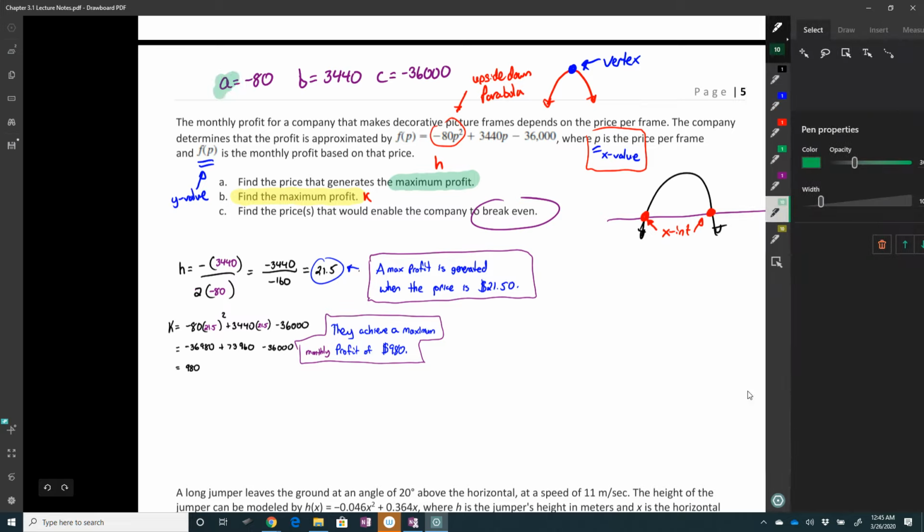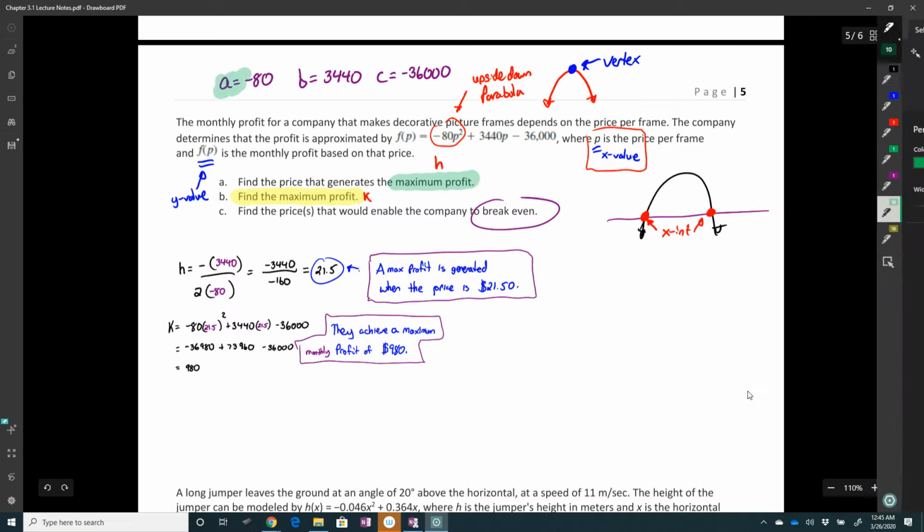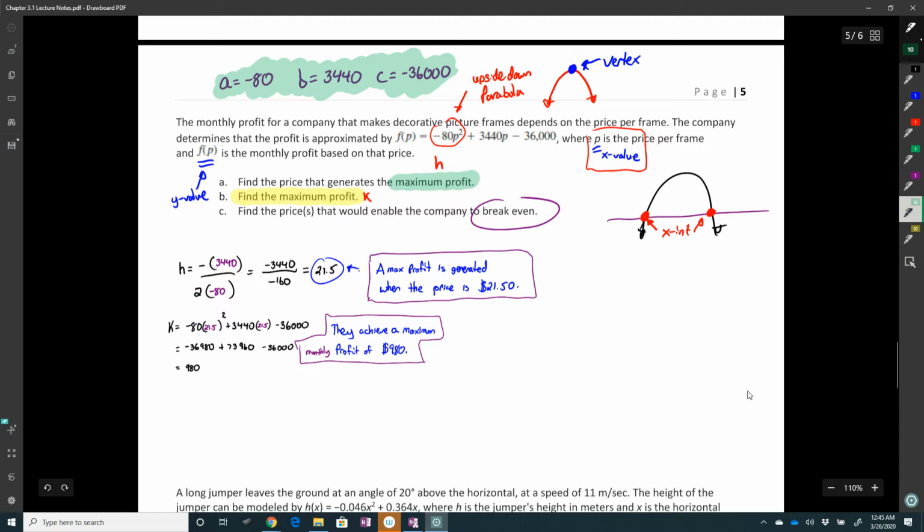Okay. So A is negative 80, B is 3,440, and C is negative 36,000. So here, I know that X is equal to, remember the formula, you have to memorize this formula. So I'm going to start way over here to give myself some room.